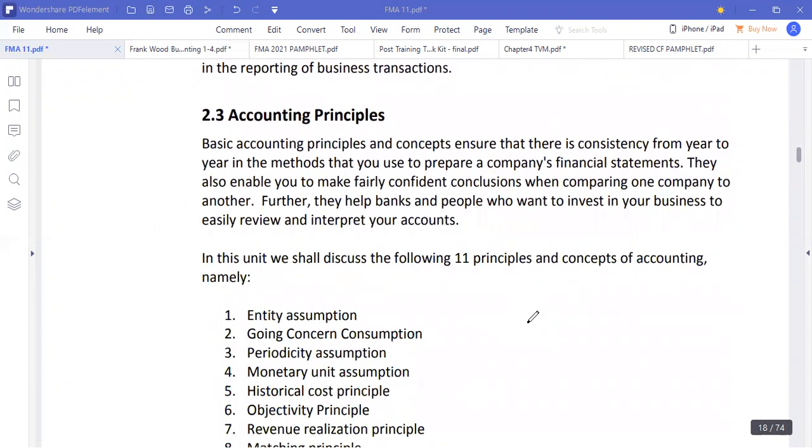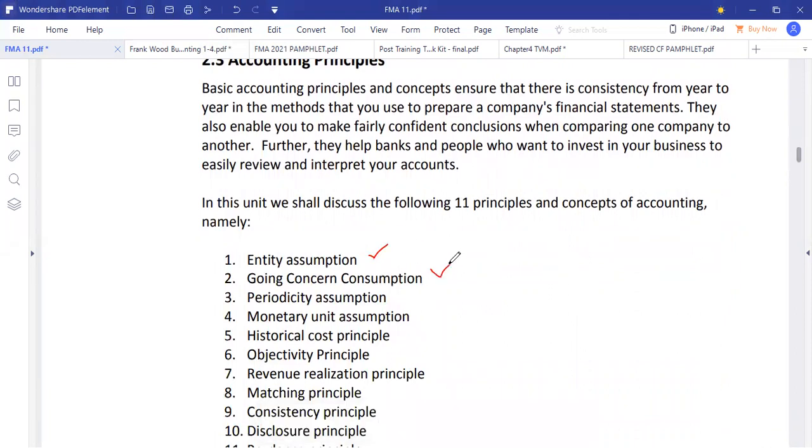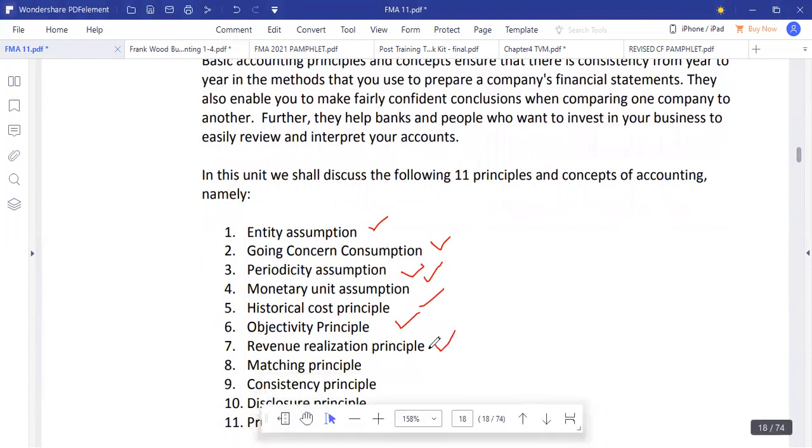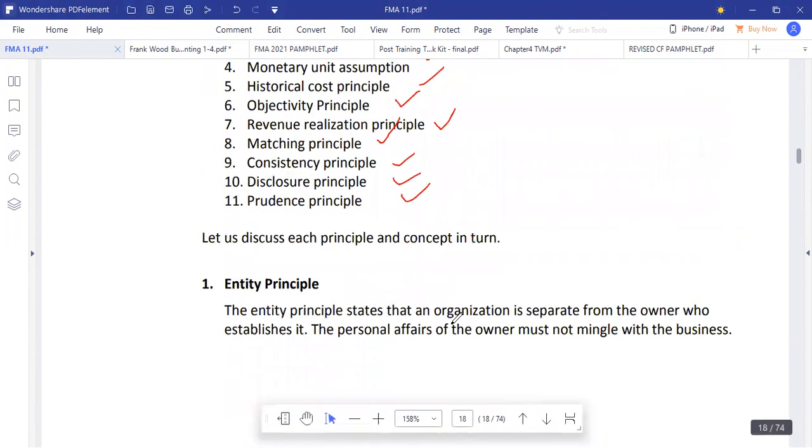So these principles and concepts are as follows: the separate entity assumption, the going concern, the periodicity concept, the money unit assumption, the historical cost, objectivity concept, the revenue realization principle, the matching concept, the consistency, disclosure principle, and the prudence.